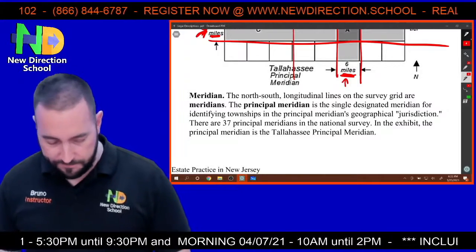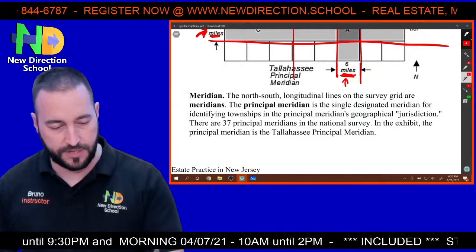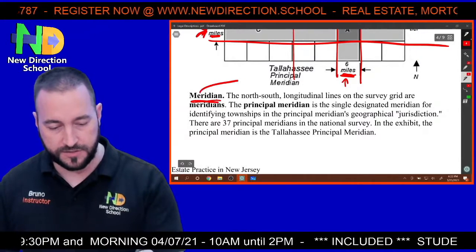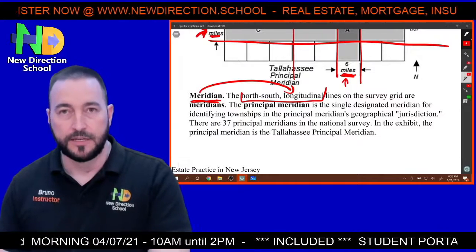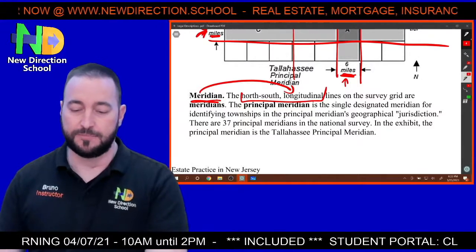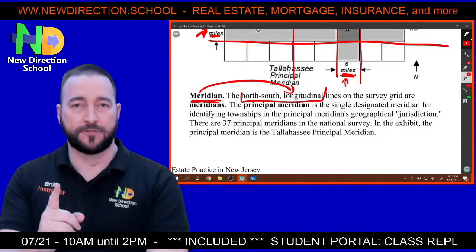So meridian is the north-south longitudinal lines. When you see meridian, think north-south longitudinal lines on the survey grid. The principal meridian is the one line that we use as reference.